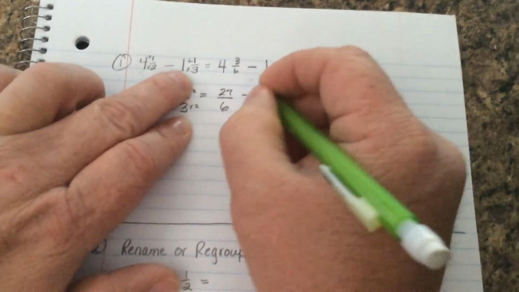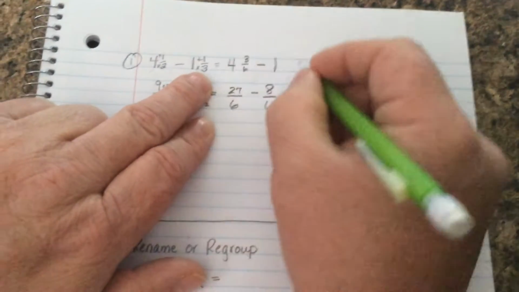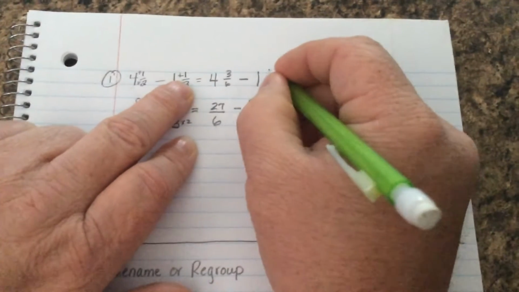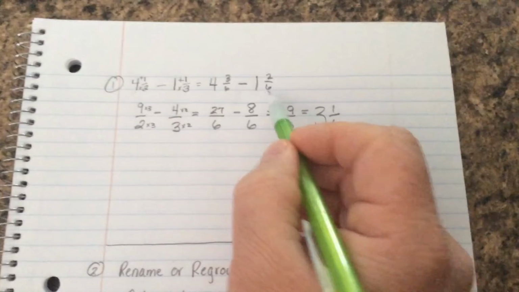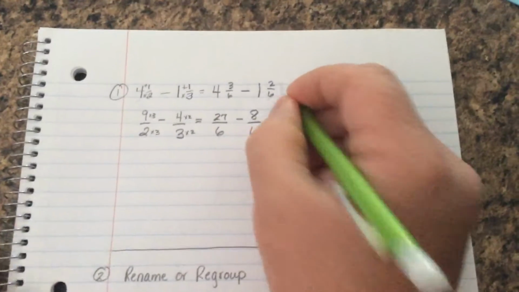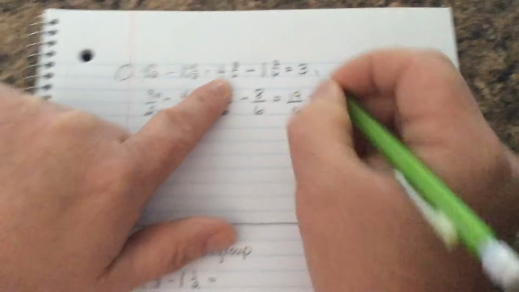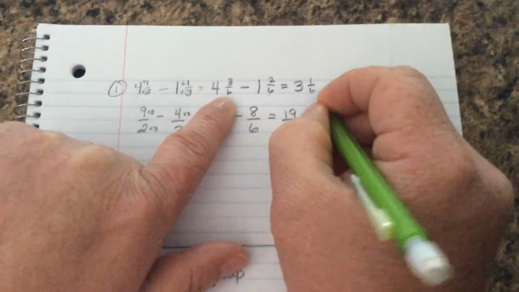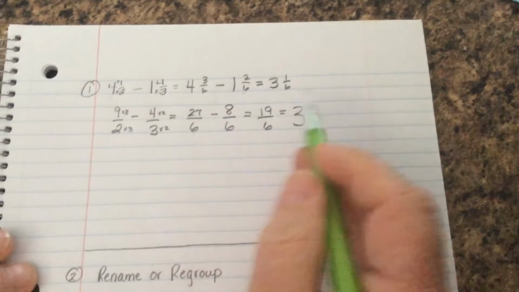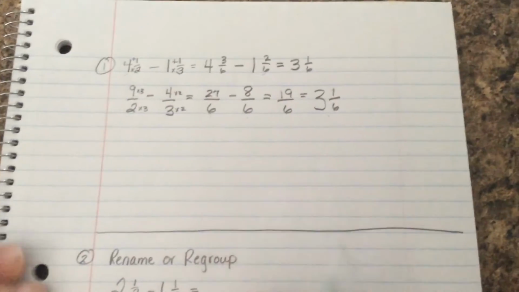Subtract 1. Now we have to change 1/3 to sixths. 3 times 2 was 6, so 1 times 2 is 2. So 1 1/3 is equal to 1 2/6. Now we can just subtract: 4 minus 1 is 3. 3/6 minus 2/6 is 1/6. And you see you get the same answer. So whichever way you like to do it is fine.